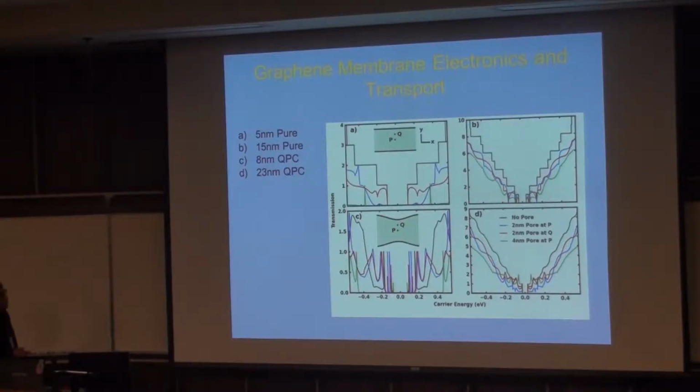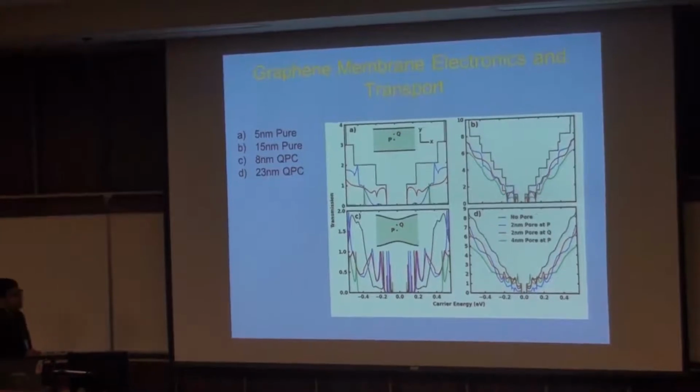So let's focus on this plot right here. The black curve is a standard staircase transmission coefficient from an armchair nanoribbon. Nothing too crazy happening here. But as soon as we add a nanopore in the center, we see a very strong change in the transmission coefficient. Just the removal of a few atoms in the center of the nanoribbon can wildly affect the electronics of the nanoribbon.